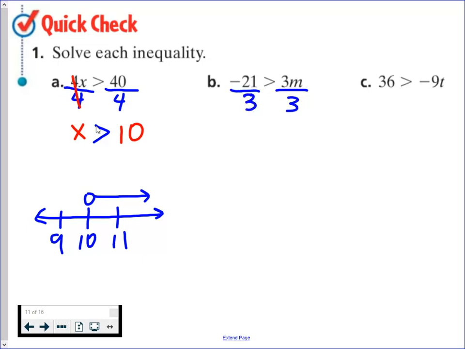Divide by positive 3. Divide by a positive, the symbol stays the same.